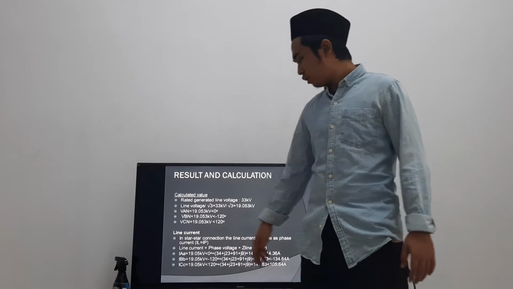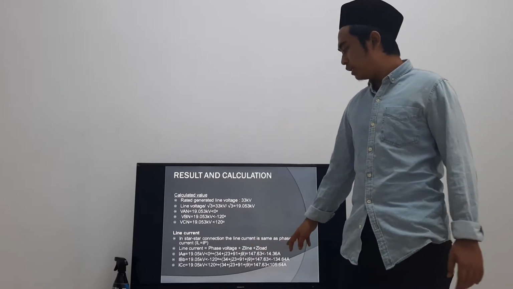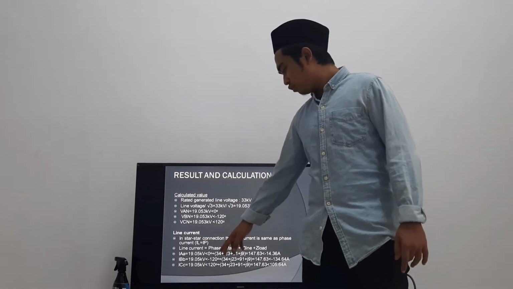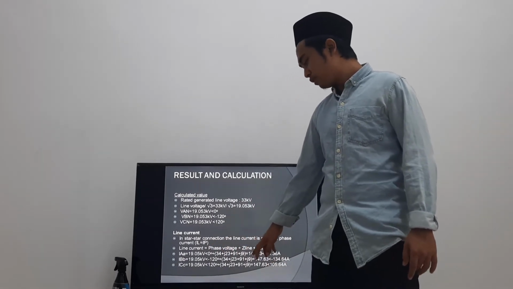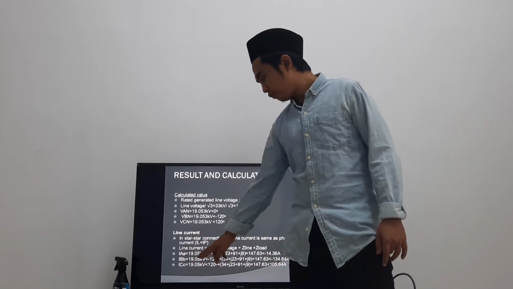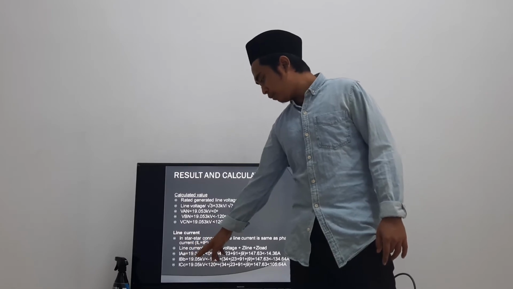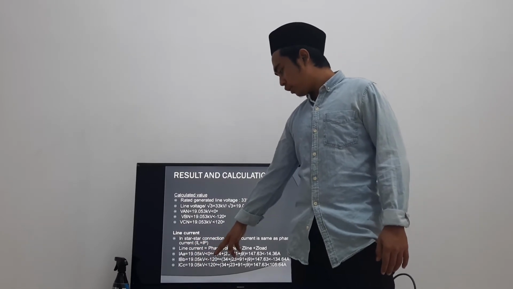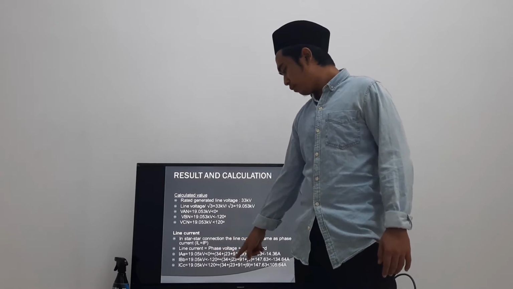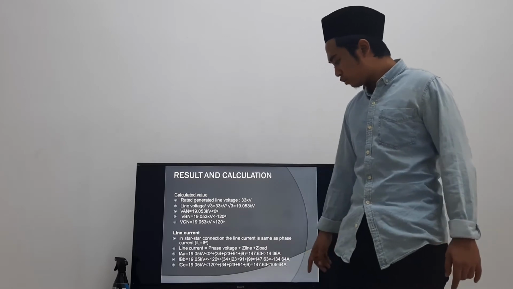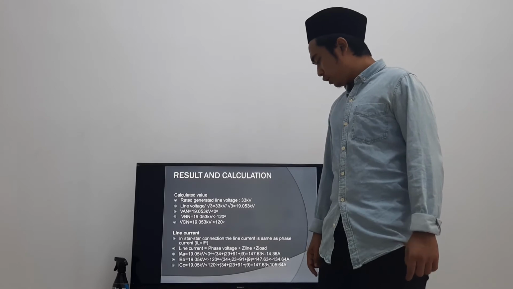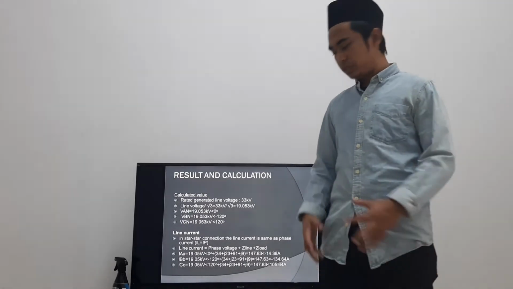Okay, next is line current. In the star-star connection, the line current is the same as the phase current. IL equals IP. Line current equals phase voltage divided by Z line plus Z load. So this is line current. For IAA, 19.05 kilovolt, angle 0, divided by 34 plus 23j plus 91 plus j9 equals 147.63, angle -14.36.